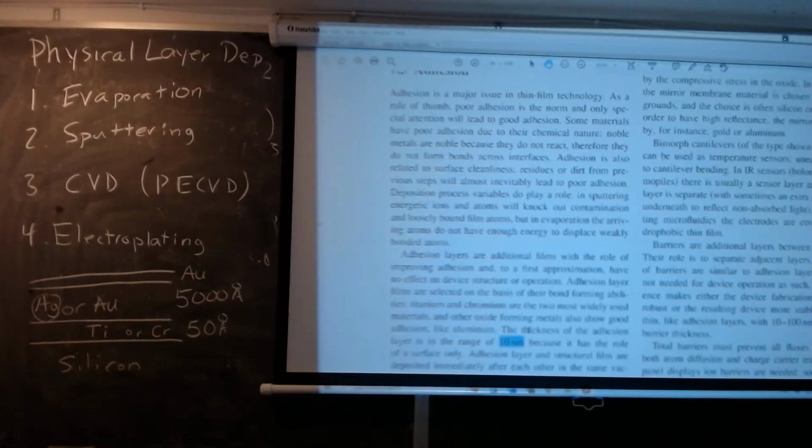So the point here is that what I've found is that if you're going to make a very thick contact, and there's sometimes reasons why you want to do it, you want to put down your adhesion layer, and that adhesion layer can be very thin, 50 angstroms. I mean, 100 angstroms. Once you do 50, it seems like it's enough. I wouldn't recommend doing hundreds of angstroms because that can lead to issues.